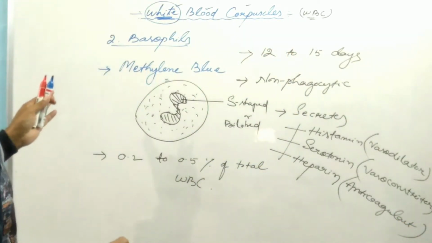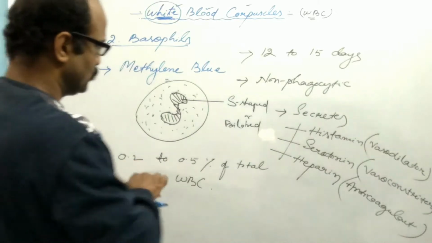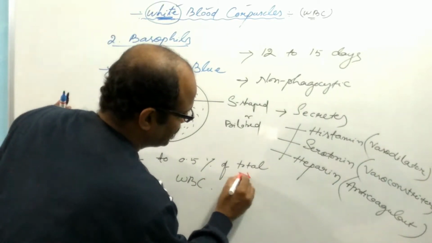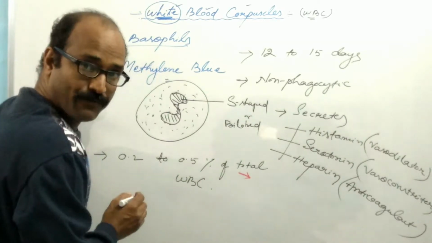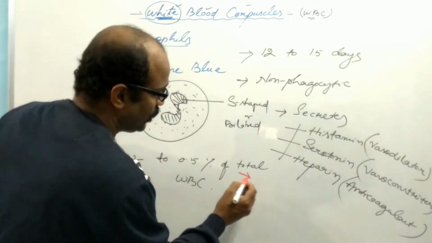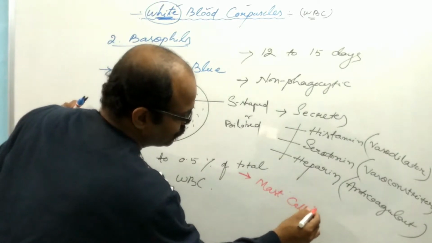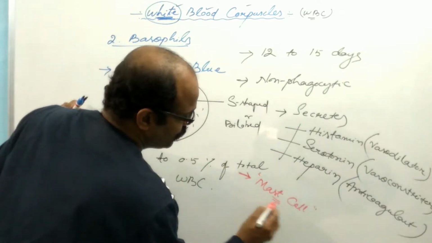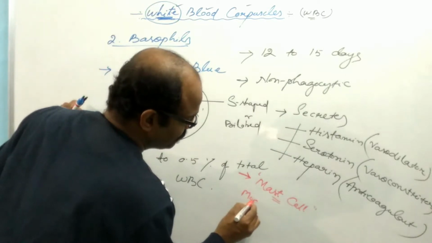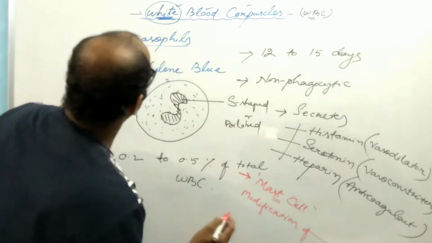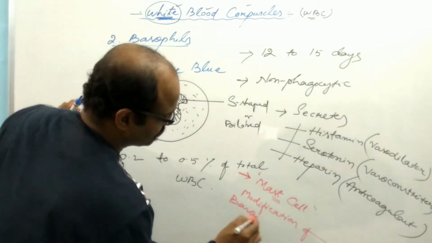Such basophils also represent the mast cell of connective tissue, which is regarded as the modification of basophil.